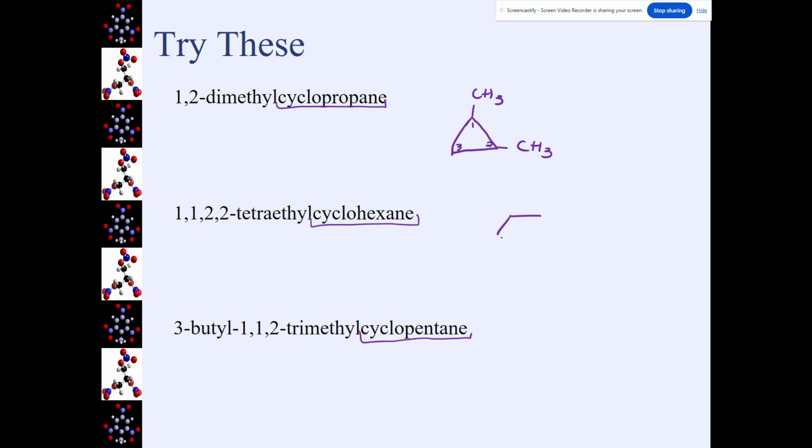Cyclohexane, that is a hexagon. Let's make this carbon 1. You can, like I said, make any corner that you want 1. I have 4 ethyls, 2 on carbon 1 and 2 on carbon 2.